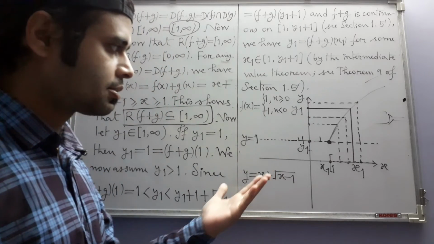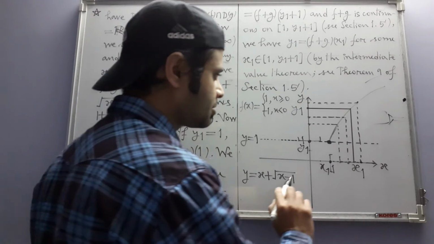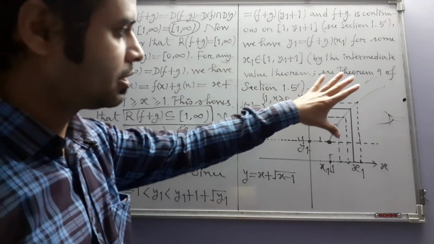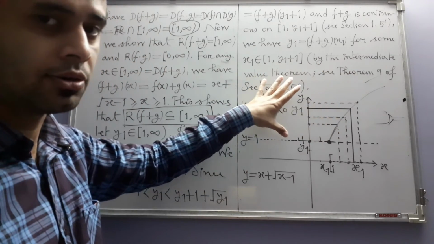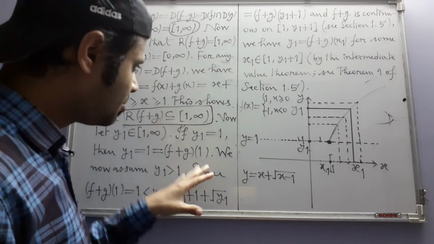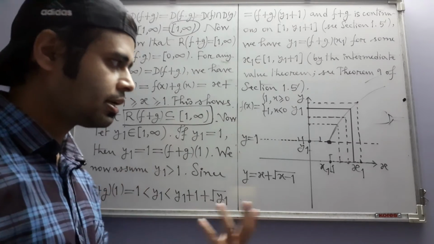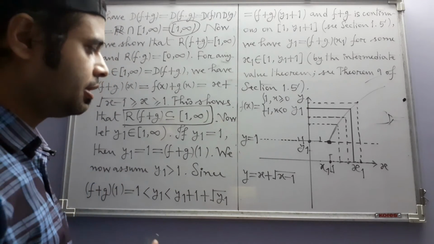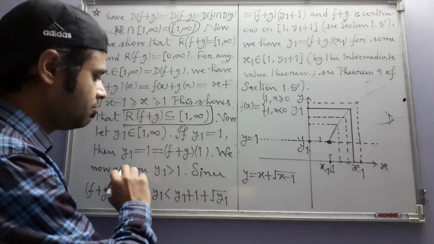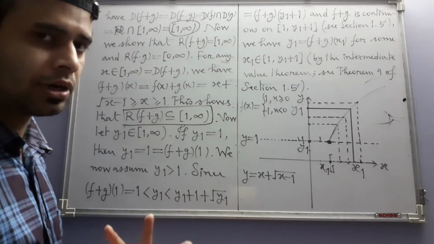He expects us, or actually there are two authors, right, Thomas and Finney. They expect us to draw the graph, and from the graph itself they expect us to see what the shadow is or what the output is. So this many things need not be there in the solution. You should draw the graph, because otherwise, in the text itself one such example would have been worked out, in which the author at least would have said these things. It is not nowhere.